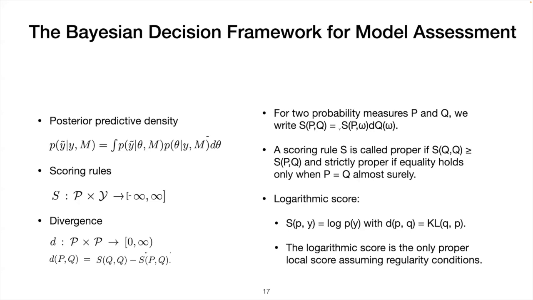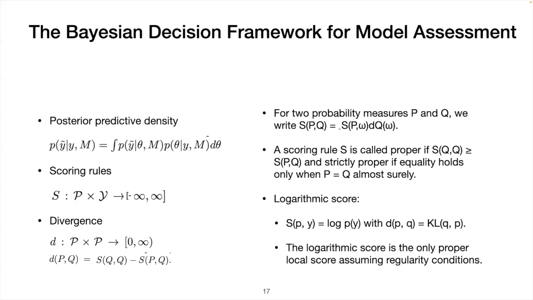So it should be an integral. So the scoring rule is just, this is a true data generating process. This is my prediction, and my utility function is just the scoring rule, the average of the scoring when averaging over the true data generating process.